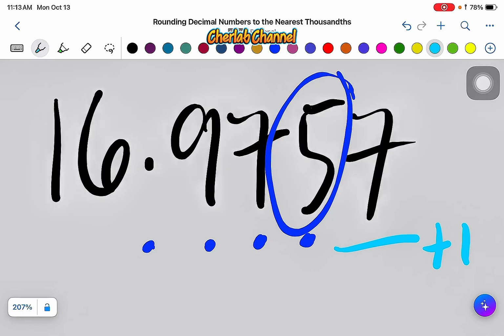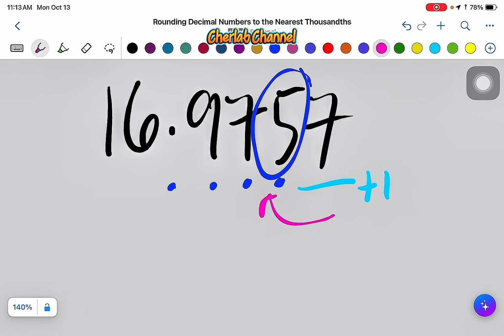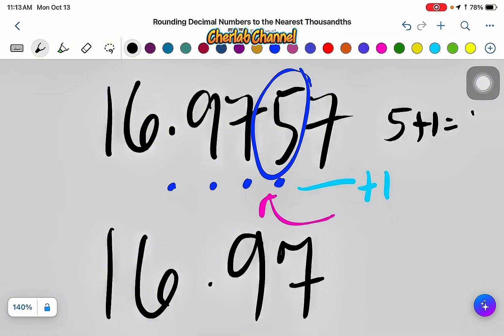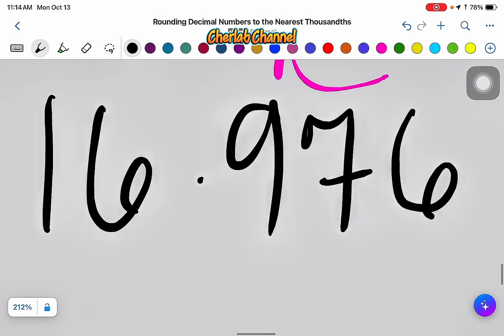Kanino? Sa kapitbahay or dun sa rounding number? Doon po sa ating rounding number. Kasi nga we are rounding off. Ginagawa nating buo. Okay, so that would be 16.97. 5 plus 1. The answer is 6. So the final answer would be 16.976.